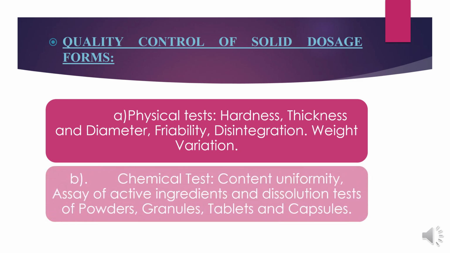Second are the chemical tests, through chemical or physicochemical or instrumental analysis. We are going to evaluate components that include content uniformity, assay of active ingredients, and dissolution test for all those powders, granules, tablets, and capsules. So these are your solid dosage forms that are evaluated by these methods.